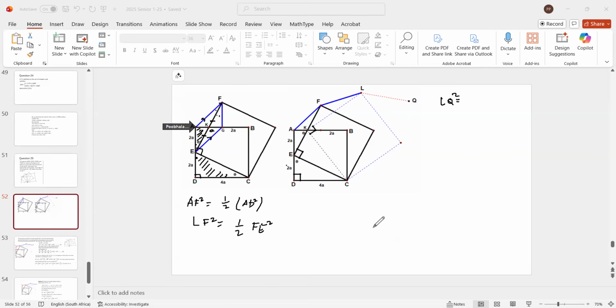See? But we're not really interested in LF squared. We're interested in LQ squared. So you'll have that LQ squared.